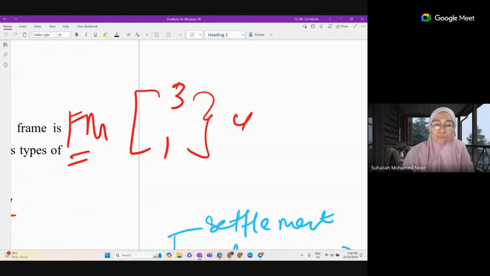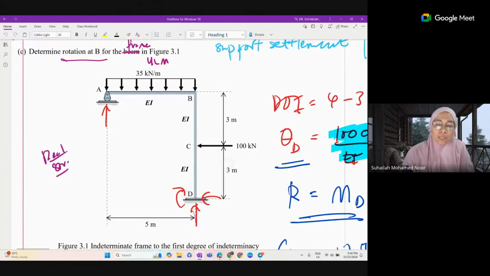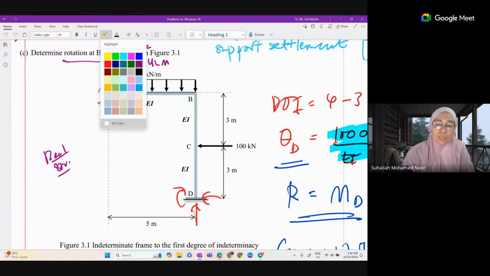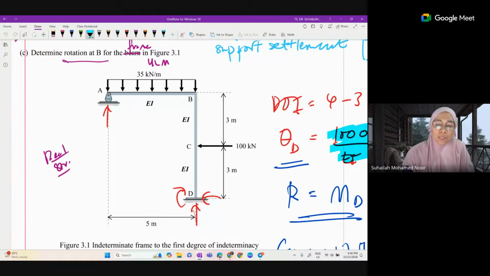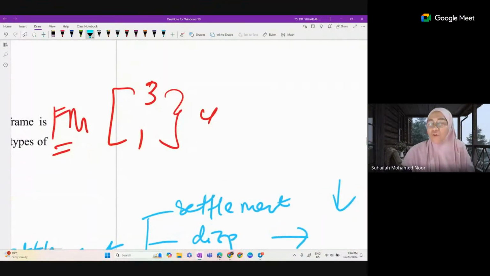Okay, so looking at this frame, based on the support condition, we have a roller at A and fixed at D. So there are 4 unknown reactions. These 4 unknown reactions we cannot determine using the equilibrium equations directly because there is one redundant in the system.